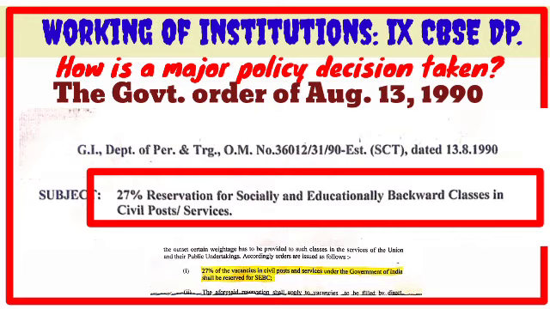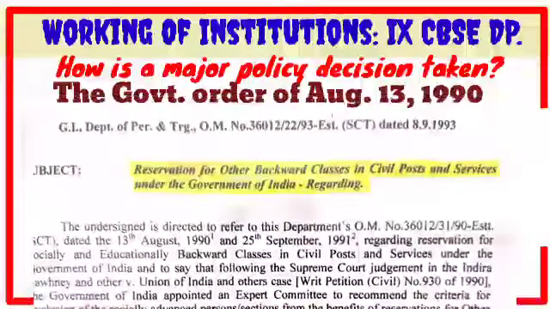Actually, this order said that 27% of the vacancies in civil posts and services under the government of India are reserved for the socially and educationally backward classes. Understand the content of the Office Memorandum issued by the Indian government. It said that 27% of the government jobs in India are reserved for the socially and educationally backward classes, or SEBC category.